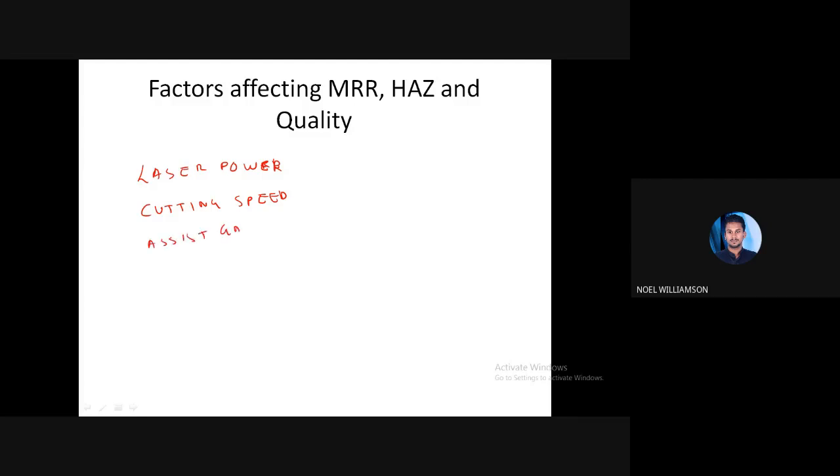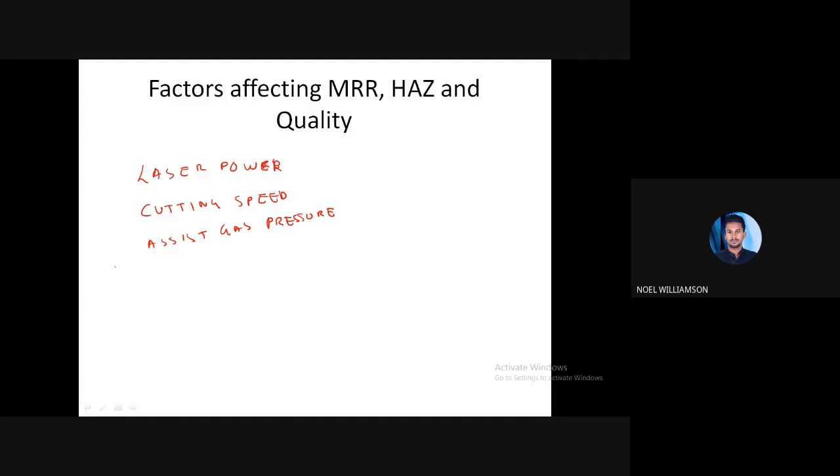We have already seen that an extra gas is given to the area where the machining is being done in order to clear off the vaporized metal.